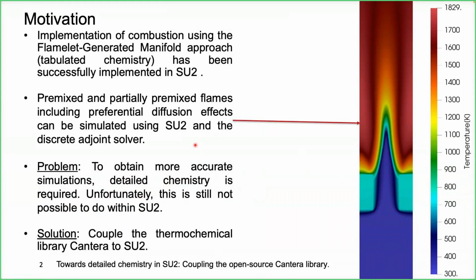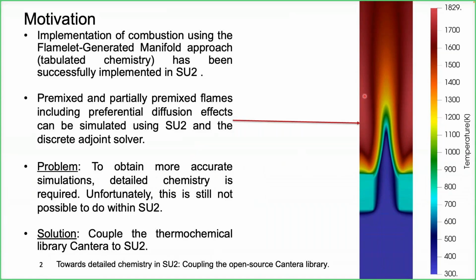However, if we would like to obtain more accurate simulations, we require detailed chemistry in SU2. Unfortunately, this is still not possible to do in SU2. So we propose a solution to couple the thermochemical library Cantera in SU2.